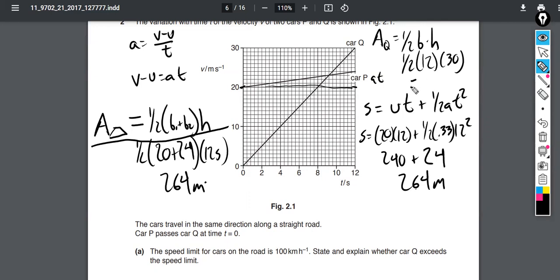And so we realize that car Q has traveled 180 meters. So if car Q has only traveled 180 meters, while car P has traveled 264 meters, 264 minus 180 is 84 meters.